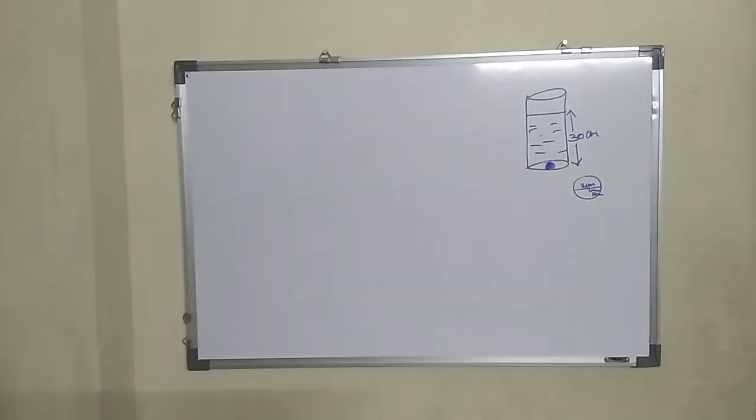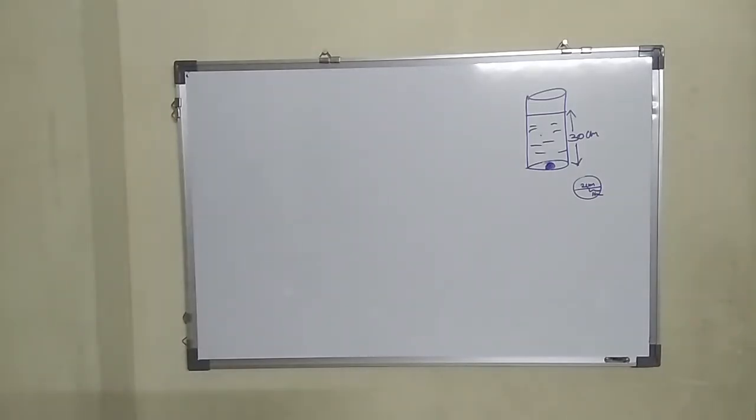So therefore, are they asking us the volume of the sphere? No. Are they asking us the volume of the cylinder? No. What are they asking? They are asking us volume of the water in the cylindrical glass. But indirectly, they are asking us everything. That is, they are asking us to find the volume of water in that cylindrical glass.